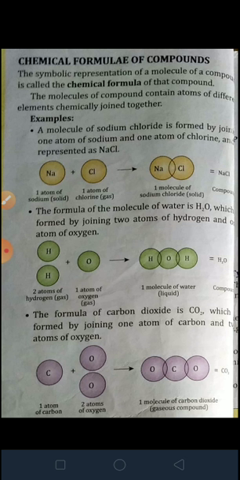And from the chemical formula of a compound, we can get the symbolic representation of one molecule of a compound.